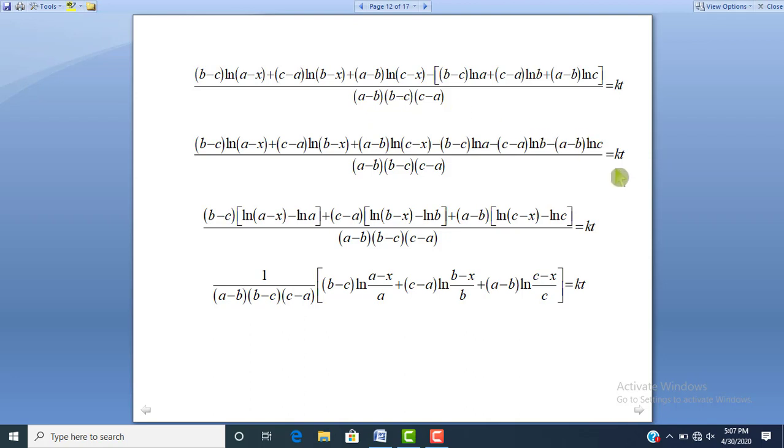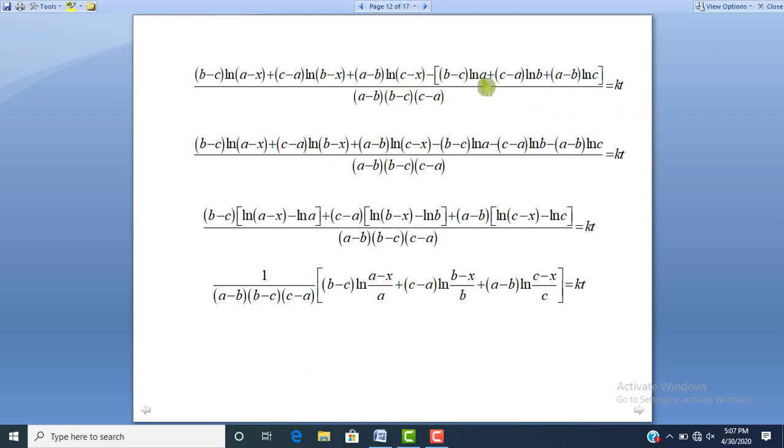So the value of kt became, by rearranging the values, b minus c natural log a minus x plus c minus a natural log b minus x plus a minus b natural log c minus x. Here the values are changed.